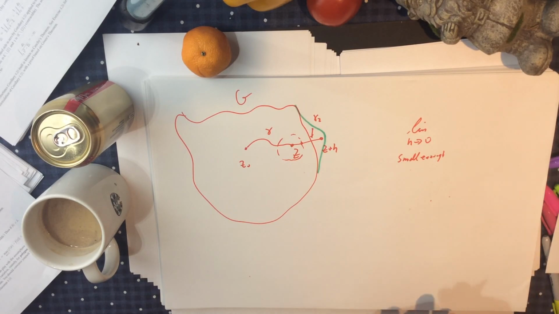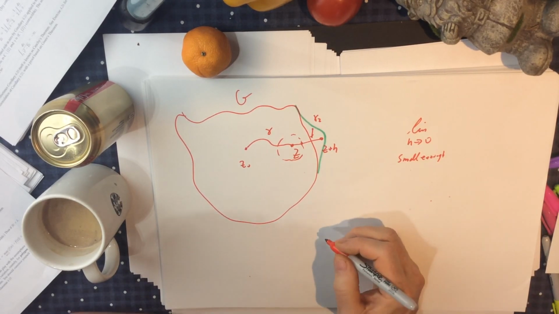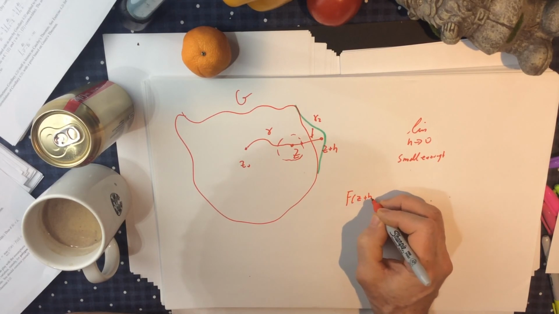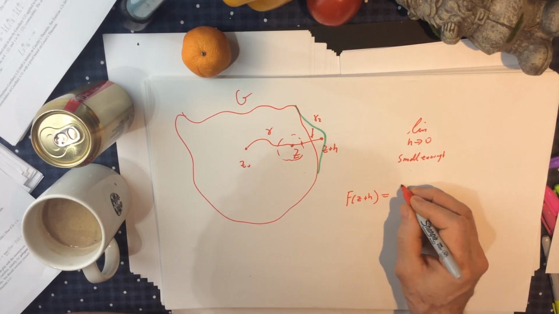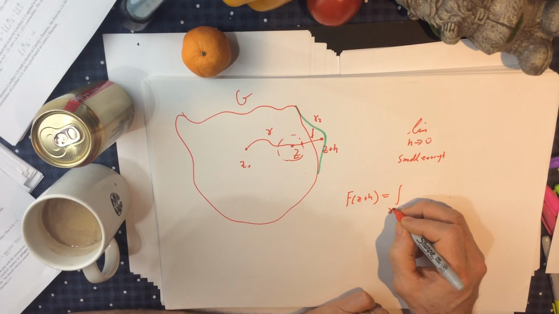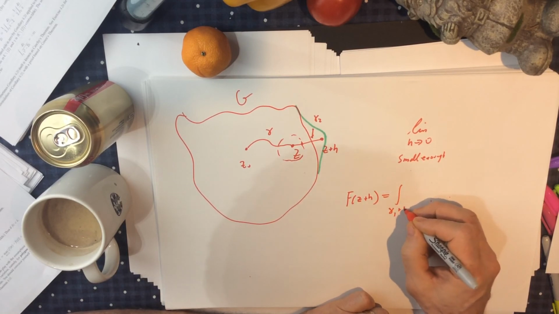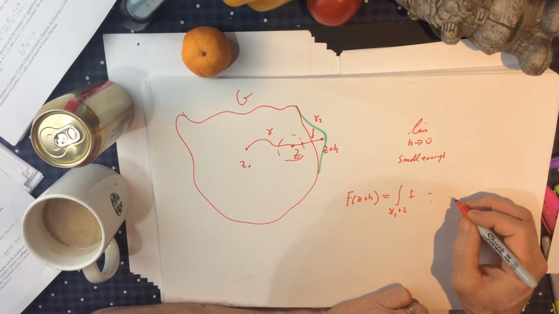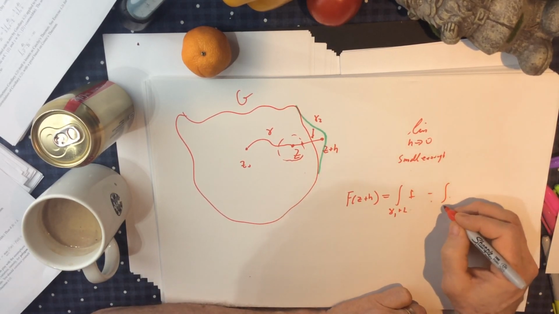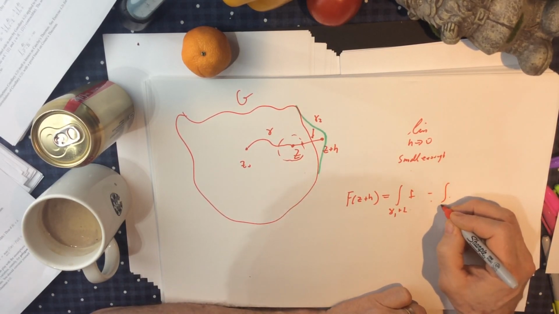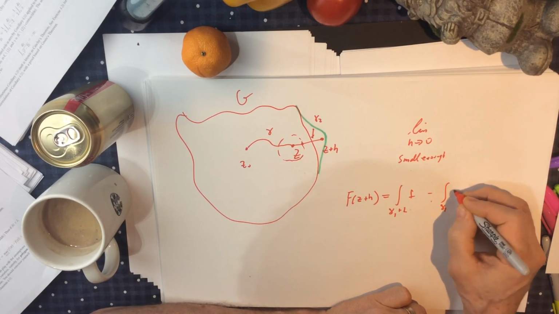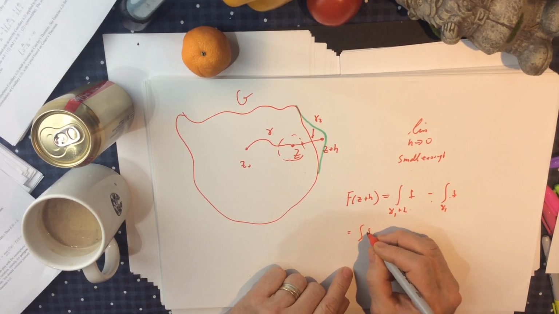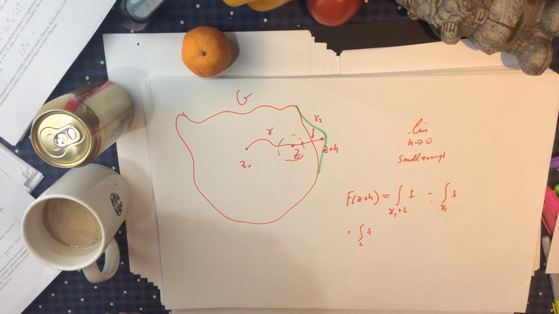All right, so now we're going to do some calculation. So first off, F of z plus h is the integral along gamma 1 plus that line of f, and minus, now it's the integral along gamma 1 of f, and that says it's just the integral of f along the line.